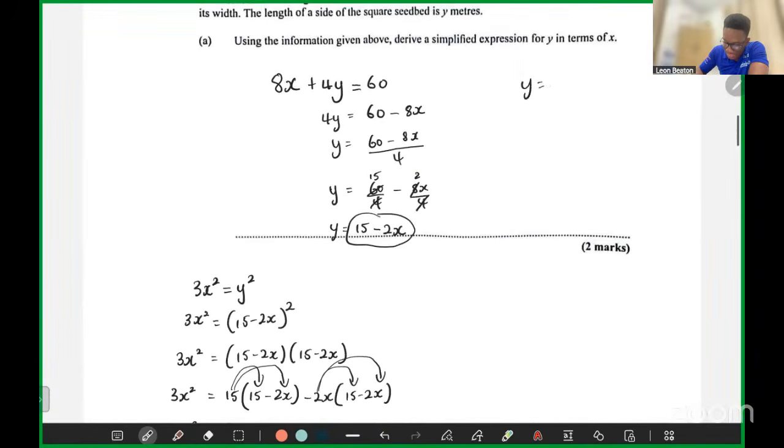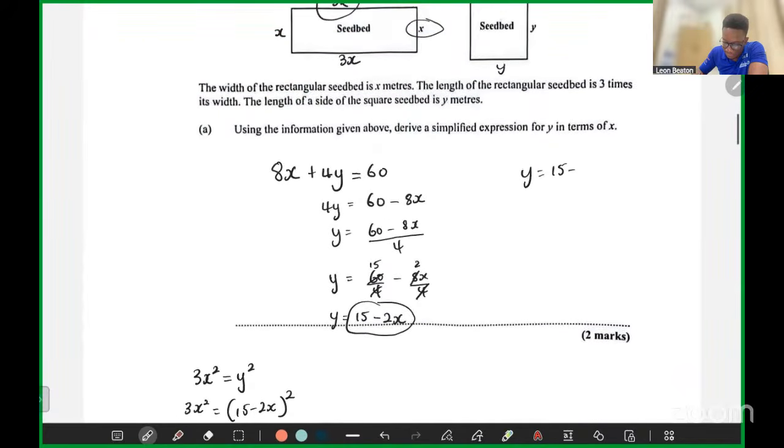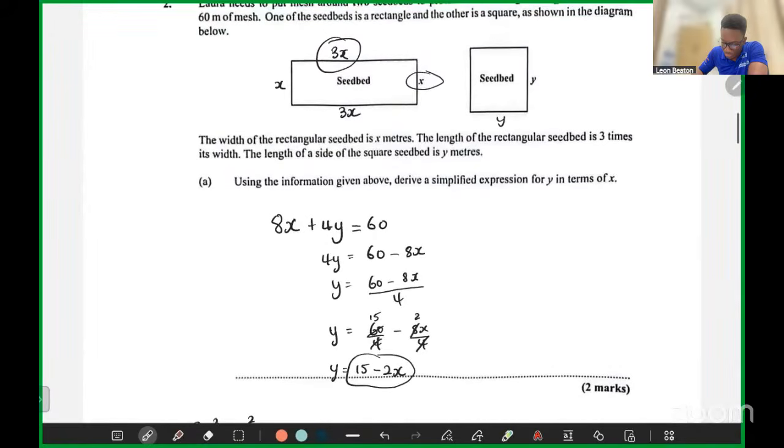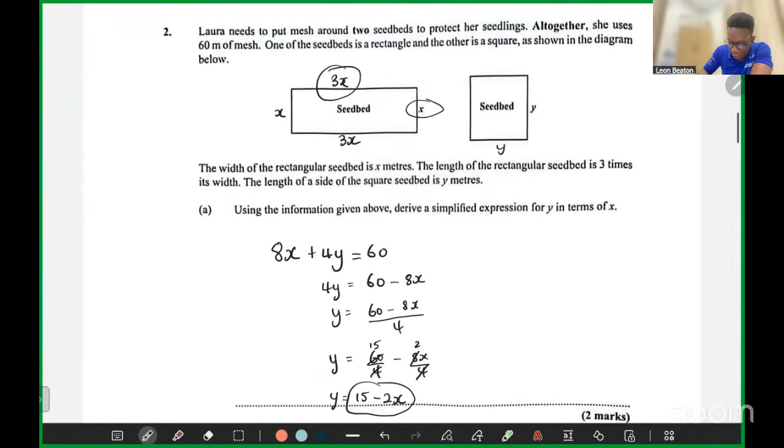So let me see, y is equal to 15 minus... 3 4s are 12, 12 and 12 is 24, 24 and 8 is 32.